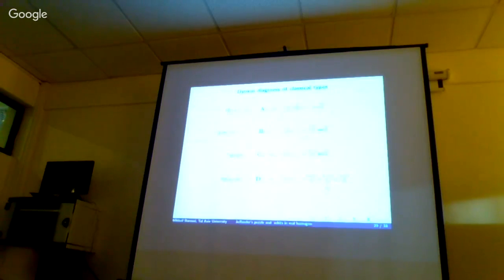So for Dynkin diagrams, there are 4 series, which are called classical. They depend on n. It's the same diagrams which I already showed you. So these are the 4 classical series. This corresponds to SL(n+1), this corresponds to Spin(2n+1), this is the symplectic group, and this is Spin(2n).